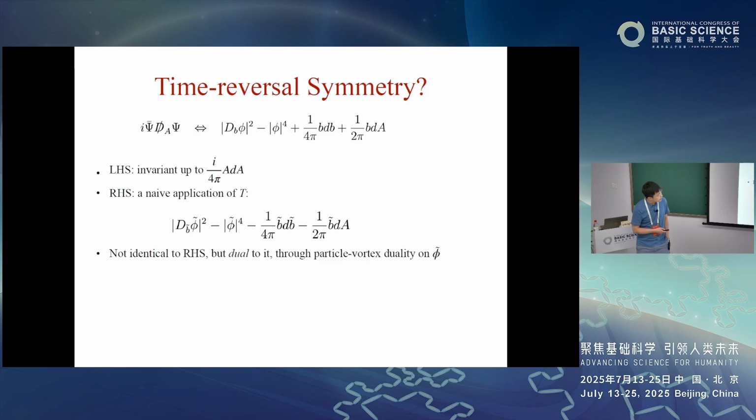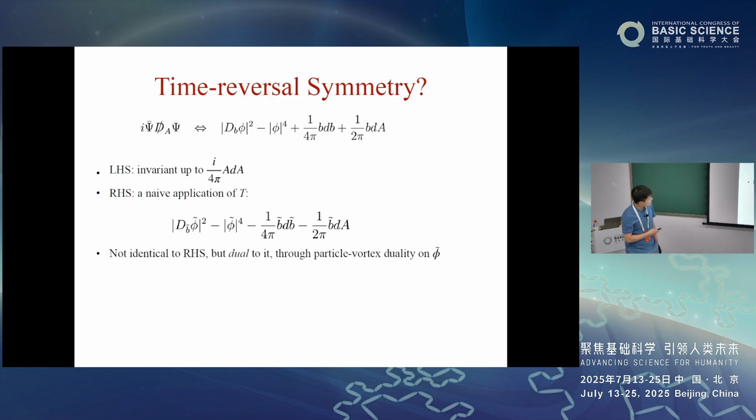So what do you do? Let me not go through the detailed algebra. It's actually just a few lines of algebra. But it turns out the theory you get after time reversal is actually dual to this theory, in the sense that this phi tilde is now the vortex of the original phi. So time reversal is implemented on this Higgs scalar phi as a boson vortex duality, the same boson vortex duality I was mentioning at the beginning.